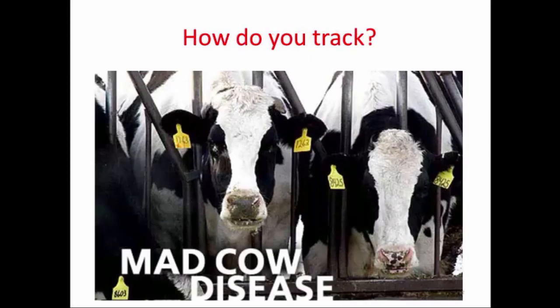Let's talk about an important topic in supply chains. It is the increasing importance to track where and how your supplies produce their product. There was a mad cow disease outbreak between 2003 and 2005 in Canada. The meat from a single infected cow got mixed with tons of beef and found its way into the United States.